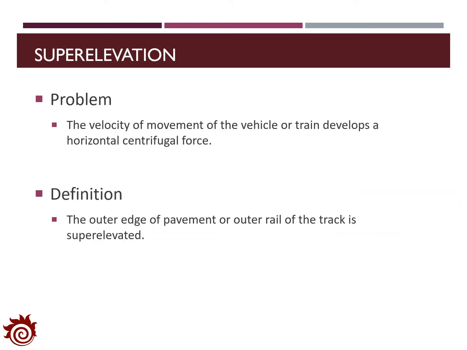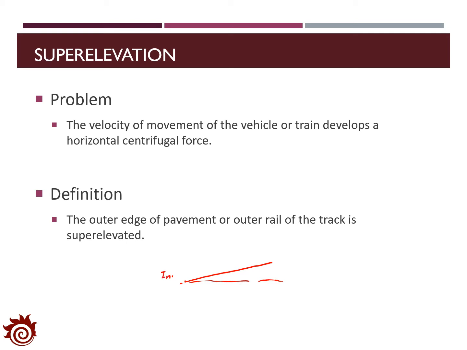In transport systems, when the vehicle or the train is moving along the curved segment, a horizontal centrifugal force will be generated, and this will generate some risk issues for the movement of those vehicles or the trains. In that sense, when we design the track or the road pavement, we have to make sure that the outer edge is super elevated, which will be demonstrated as the line here.